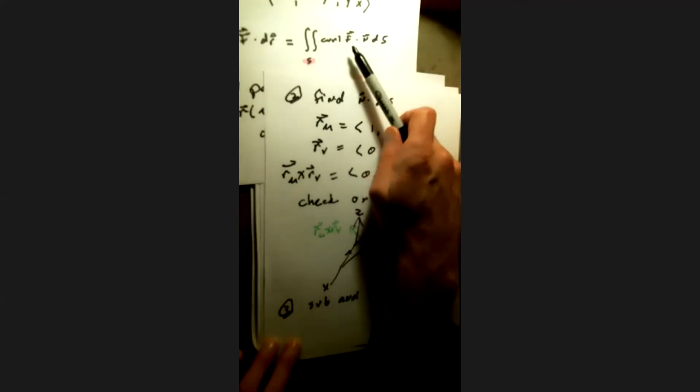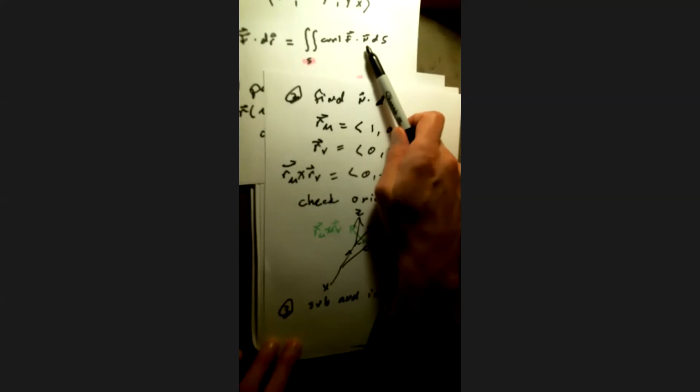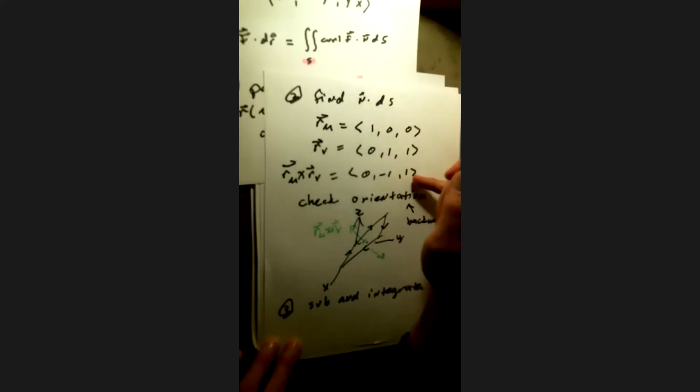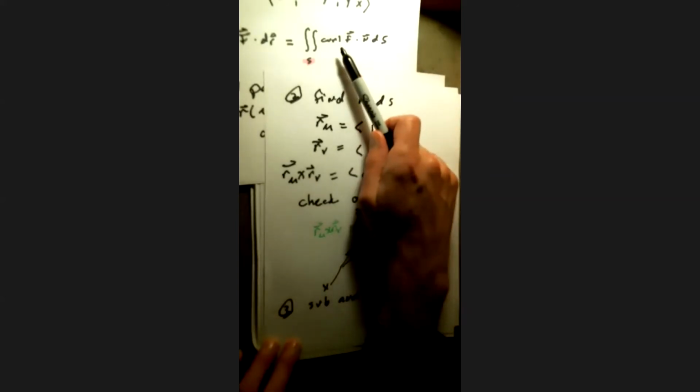We already know what our N dS is. That's the r_u cross r_v du dv. But we want to substitute in for curl F, which means we need to do what?